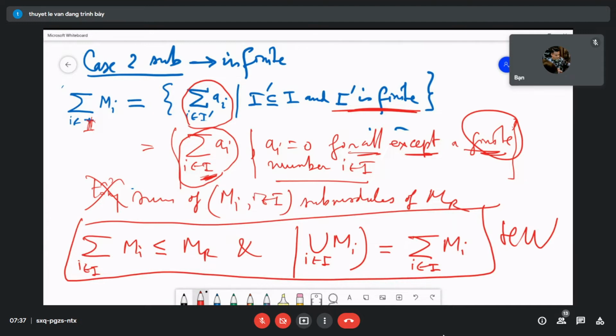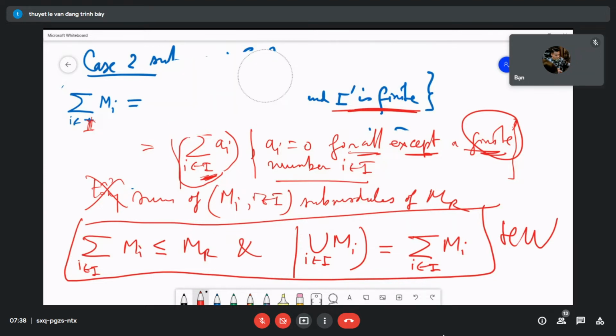So you should read and understand it. That is the sum of the submodules.